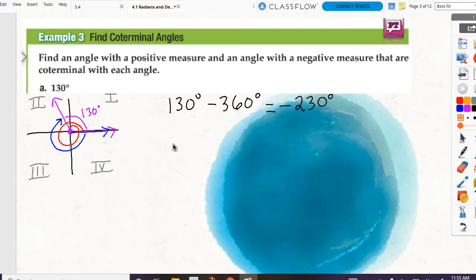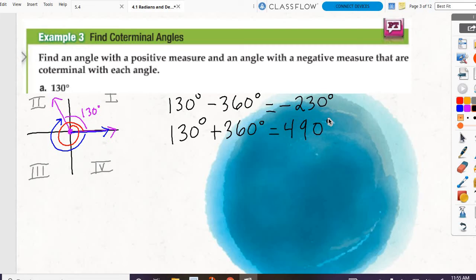So if I added a full rotation, what would we do to find the angle measurement? Add 360. And what do we get? 490. So how many coterminal angles could we potentially have? An infinite amount. So I could add or subtract 360 as many times as we want.